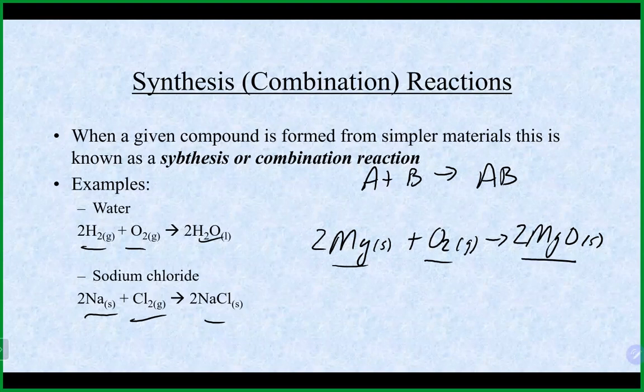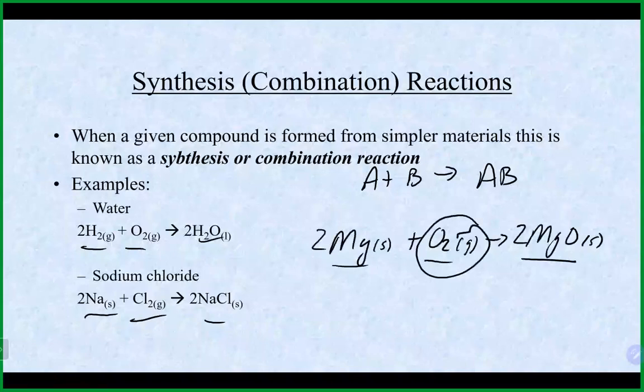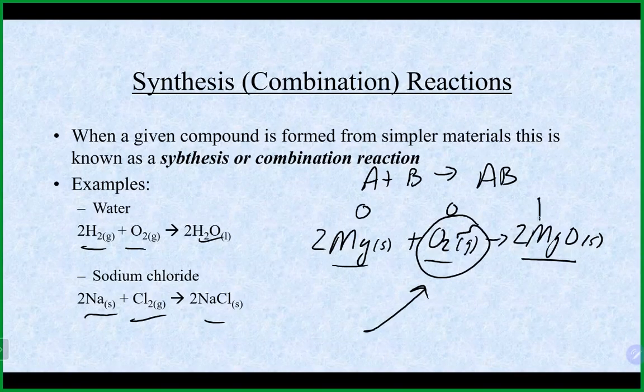This is also a redox reaction that's still happening with all these. These are all oxidation reduction reactions. And by the way, this also has O2, which means you could classify it as a combustion reaction. So this one reaction could be classified as a redox reaction because we have an electron transfer happening, as a synthesis or combination reaction because two things make one thing, or as a combustion reaction because there is oxygen there.